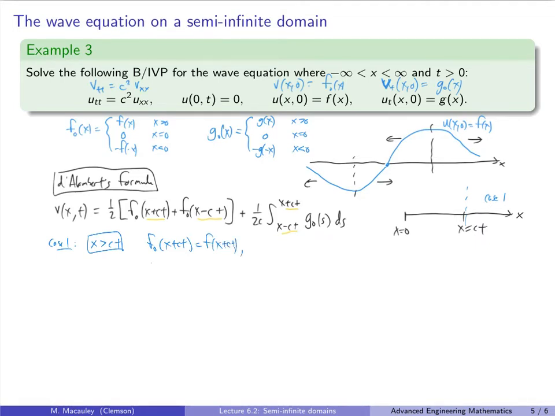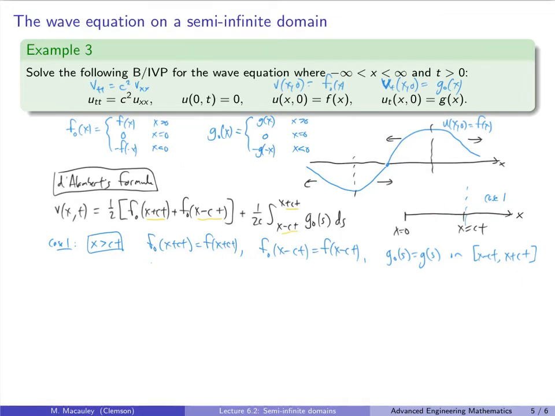Now we also have f naught of x minus ct equals f of x minus ct. And on the interval from x minus ct to x plus ct, both of these are positive, so g naught of s equals g of s on the interval x minus ct to x plus ct, because that interval is entirely contained in the positive reals.